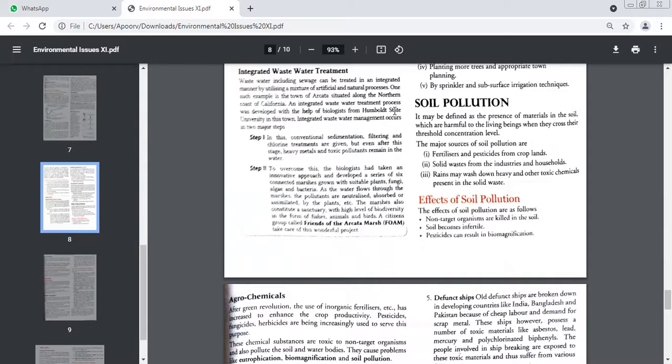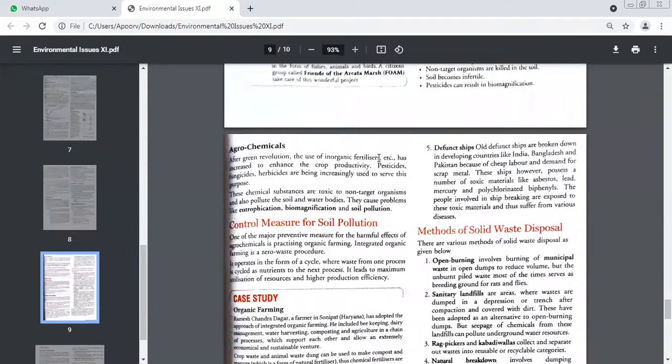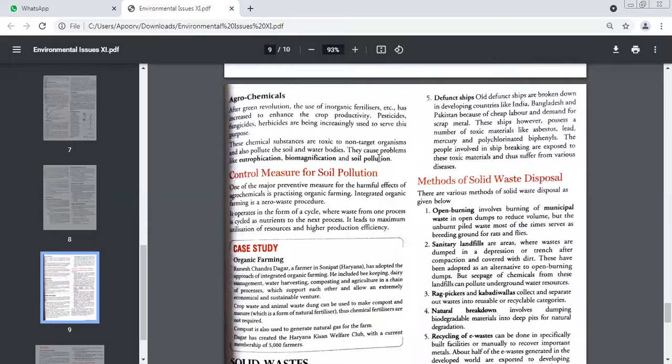Agrochemicals. After the Green Revolution, the use of inorganic fertilizers has increased to enhance crop production. Pesticides, fungicides, and herbicides are being increasingly used to serve this purpose. Why are we using so many fertilizers after the Green Revolution? To increase productivity of the crop.